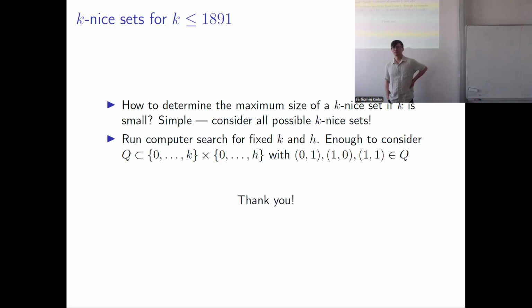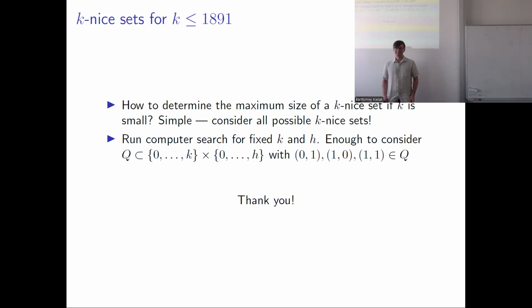Yes? So in the last algorithm, you are basically trying to find the k-nice sets with minimal height. How do you run this? Because the naive idea in my head is just exponential, with h to the k, but is there something clever behind it?